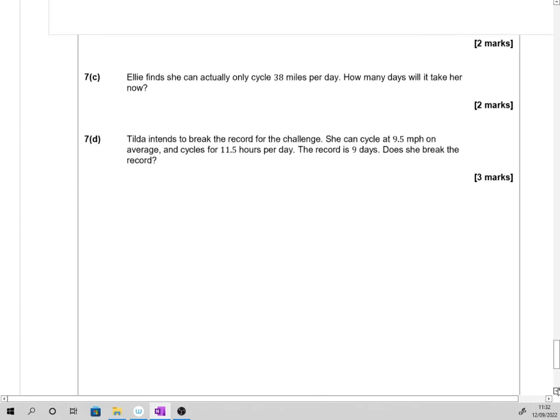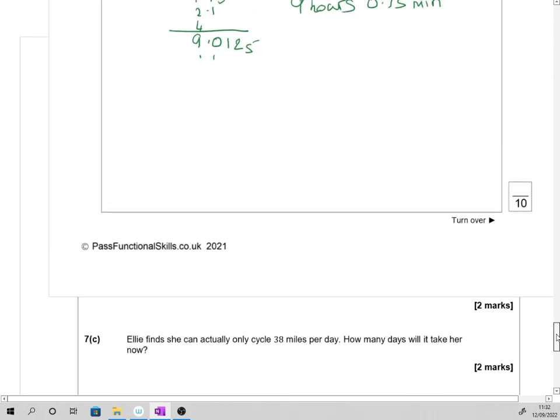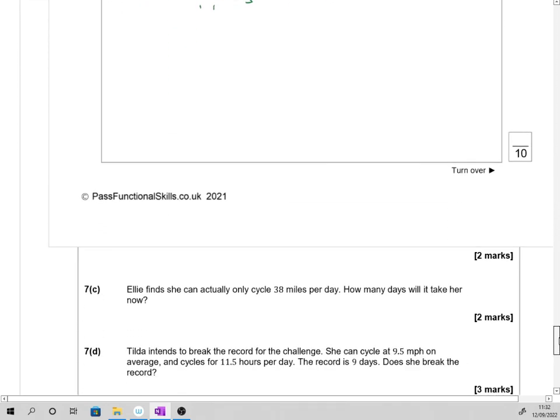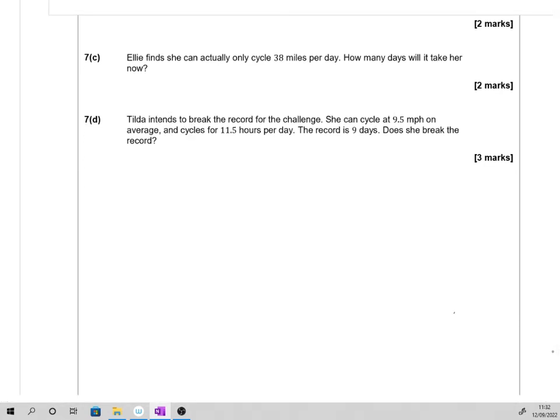Yes, we have. Ellie finds she can actually only cycle 38 miles a day. How many days will it take her now? I've no idea because I don't know where. Oh, is it underneath there? Hang on.